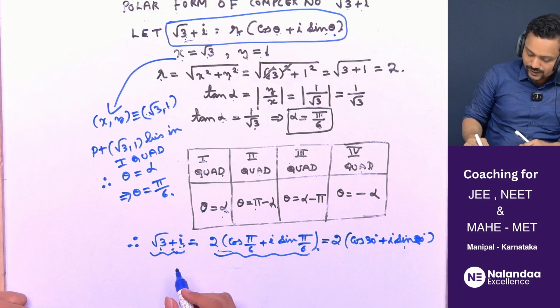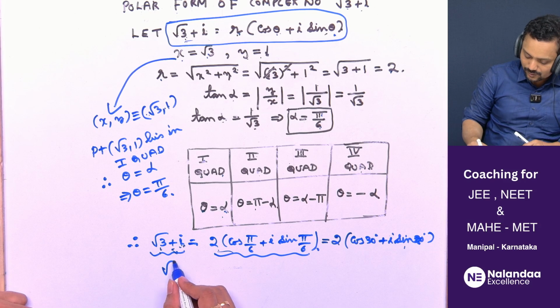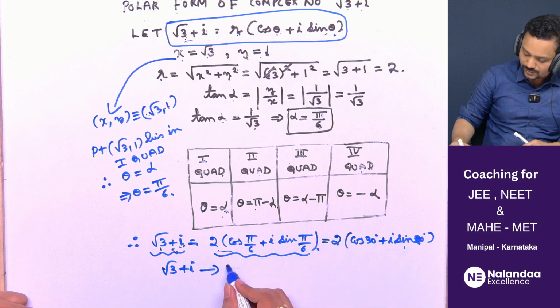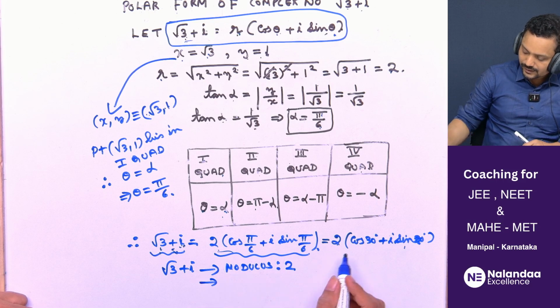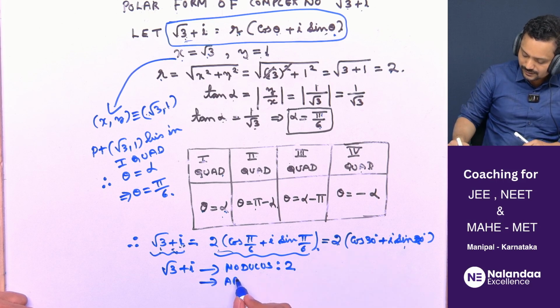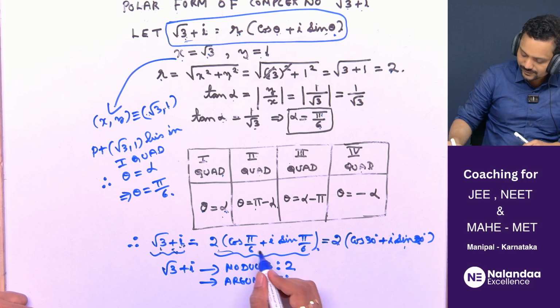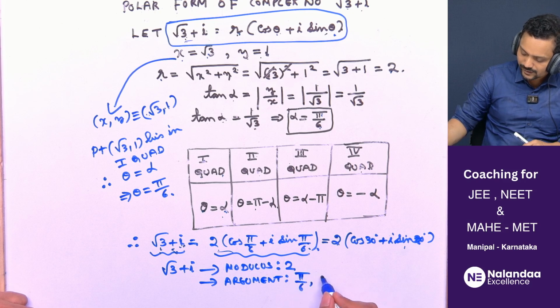Now you can see for the complex number root 3 plus i, we can say the modulus is 2, and the argument is pi by 6. This is called the argument.